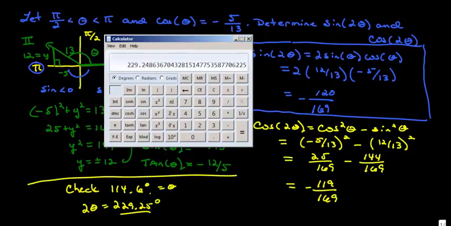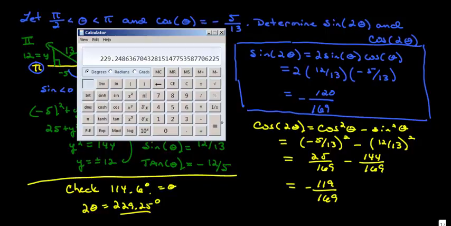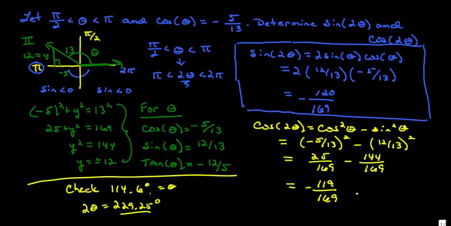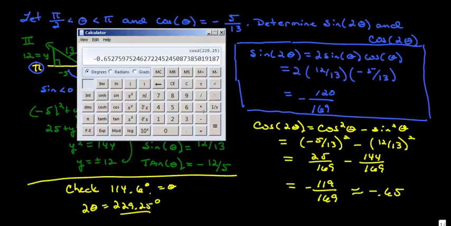Now if I take the cosine of that double angle, so 229.25, and now I take the cosine of that guy, I get negative 0.65. And that should be the same number that I got the original way. So let's just check. We're going to take 119 and divide it by 169.